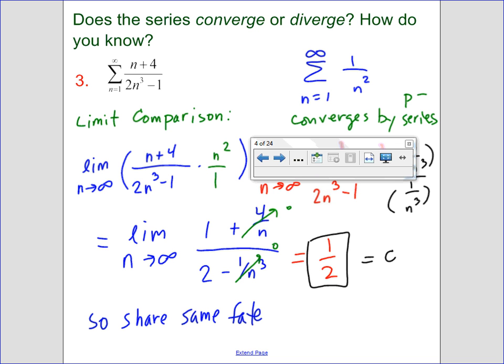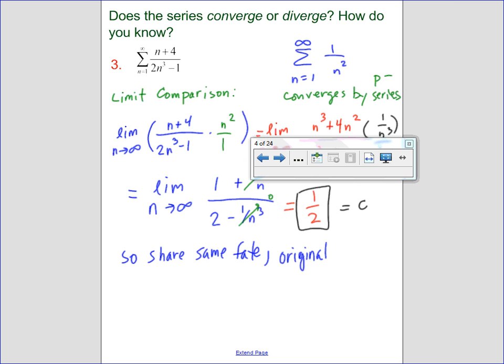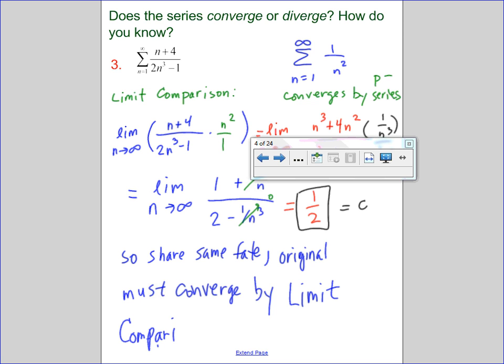So if they share the same fate, the original converges by the limit comparison test. Next, do we have to say that the 1 over n squared one converges because it's a p-series? Yeah. Or is that like everyone should know that, you know? I think you should say it.